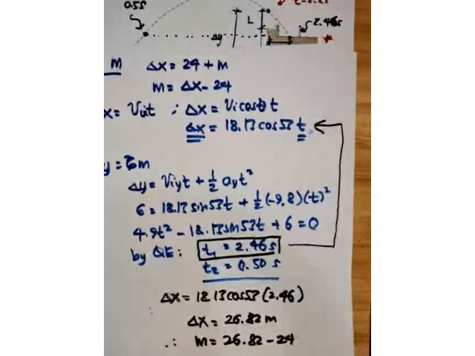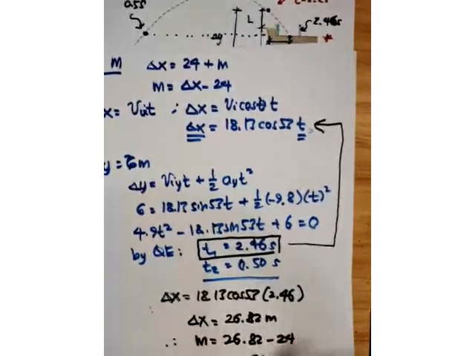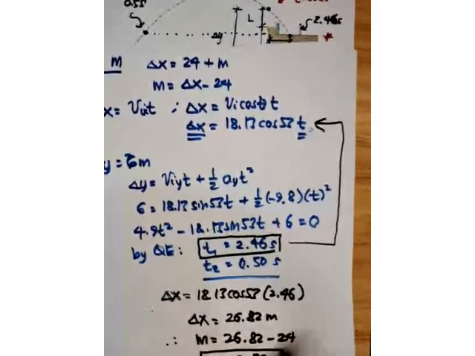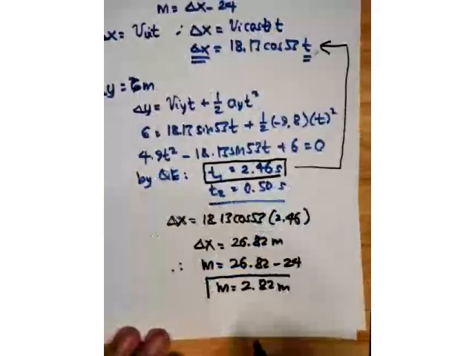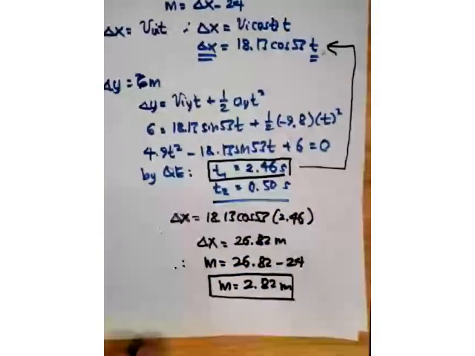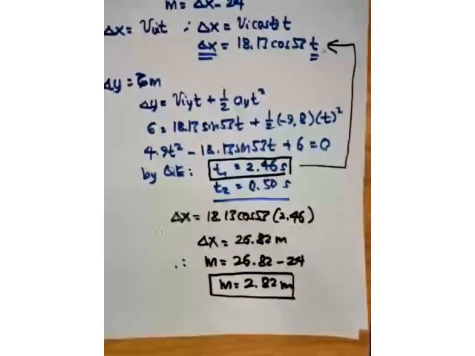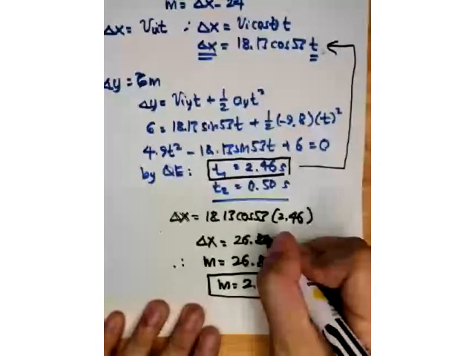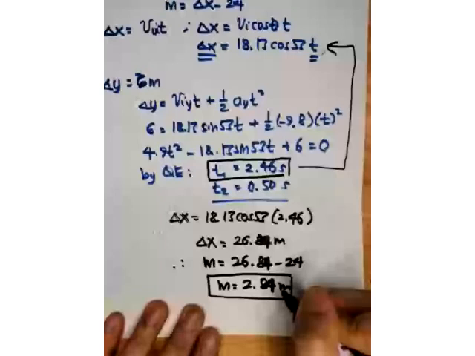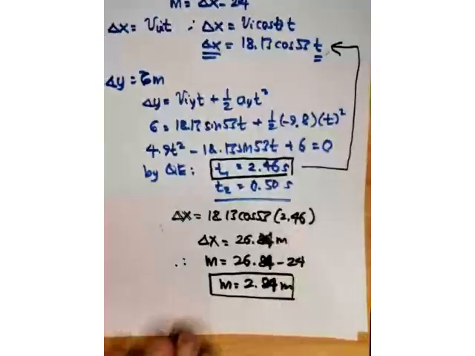So m is 2.84 meters. Akala ko narinig ko 82. O sige. 84. Ayan. Okay.